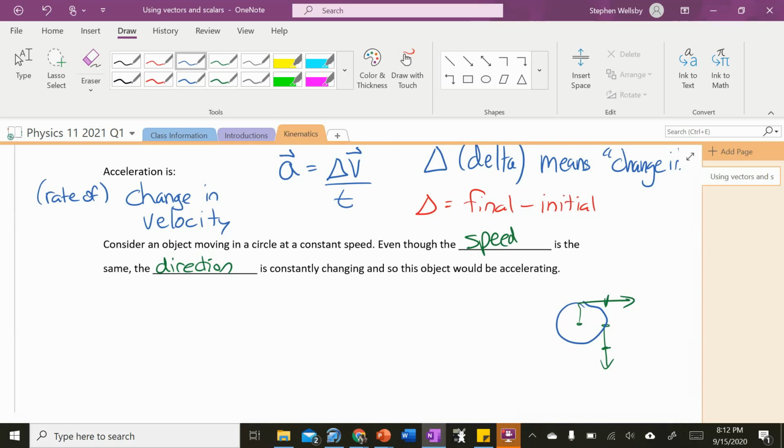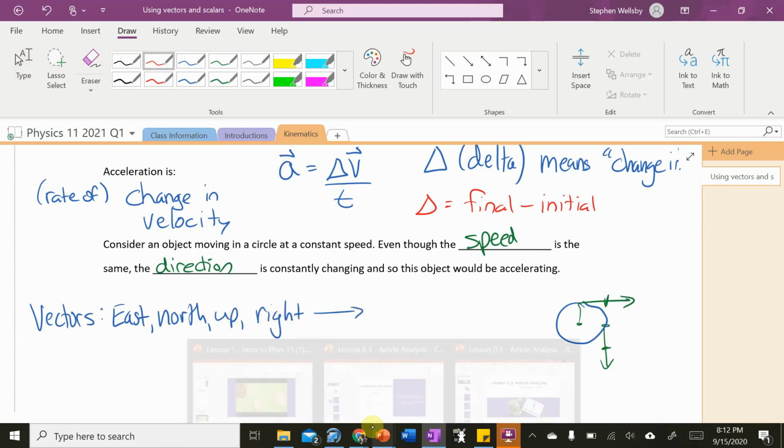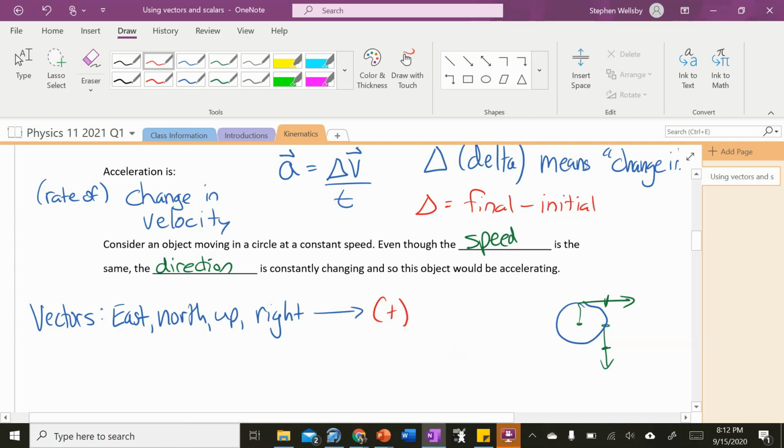Now, just so you know what the conventions are, and by convention I just mean a standard that's widely accepted across the scientific community, when we're referring to vectors, they are as follows. Vectors that are east, north, up, or to the right, all of these we consider to be positive vectors, just by standard.